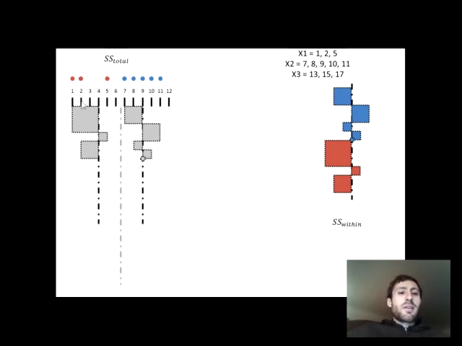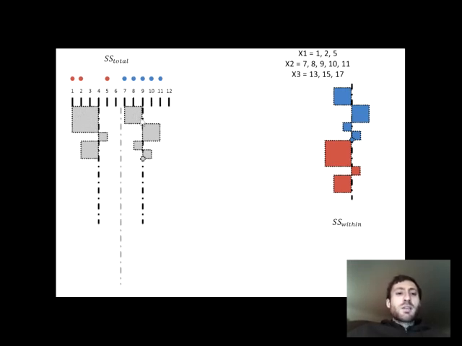And I've made squares out of them to signify for you that we're talking about squares, okay? So you can think about these as a square distance from the mean within this treatment, right, which is the red sample. And then I've done the same thing for the blue sample.